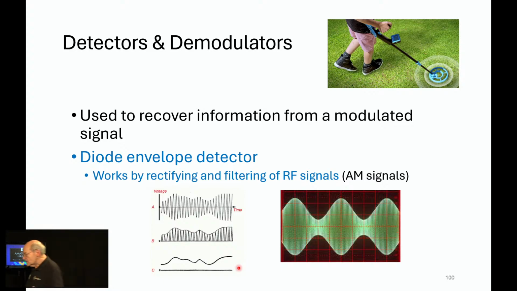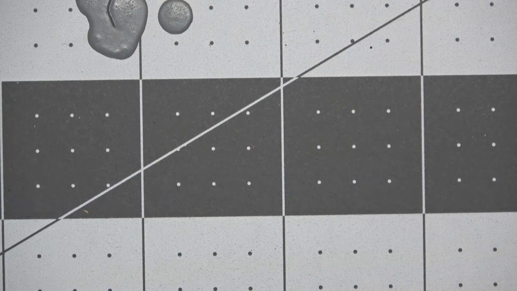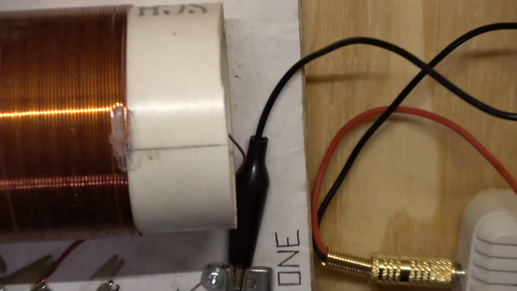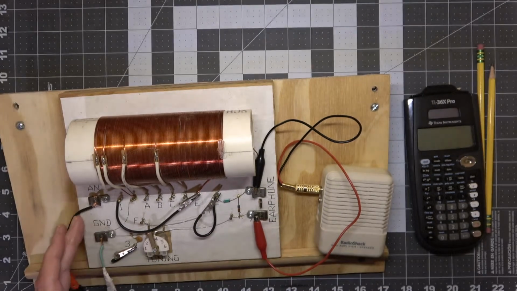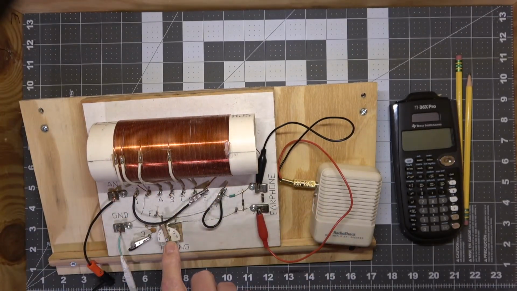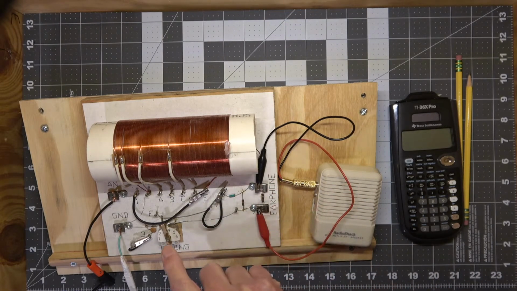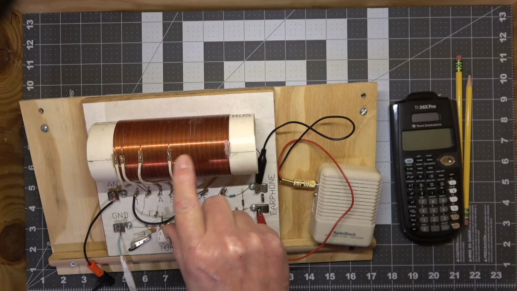So I tried this earlier and it didn't work, because we don't have any strong AM stations near here. This worked fabulously when I was home. So this is more Hamfest material. What we have here is a coil and a capacitor. We have a diode here. And the capacitor will help tune the circuit.